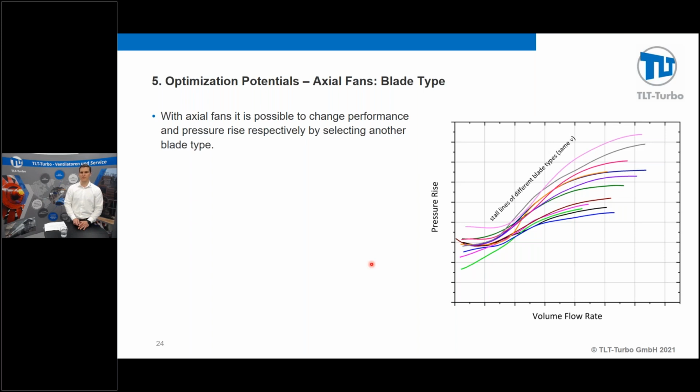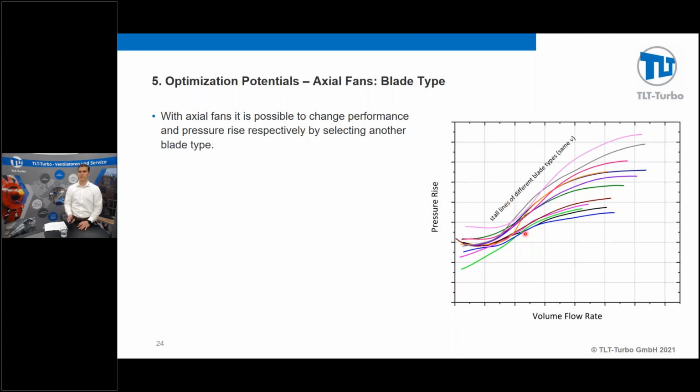Starting with the fan itself, what can we do to optimize the pressure ratio or the pressure level? That's, of course, a different blade type. TLT has several blade types in its portfolio, and on the right-hand side in this diagram, you see some of them. It's not all of them, but some.